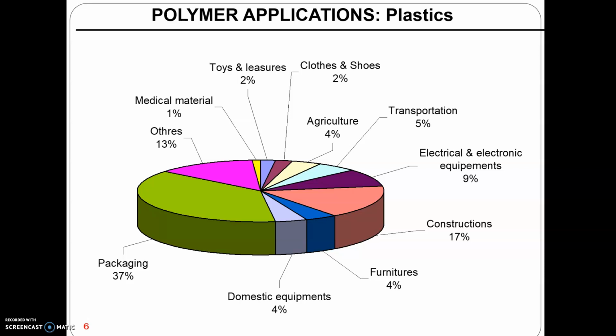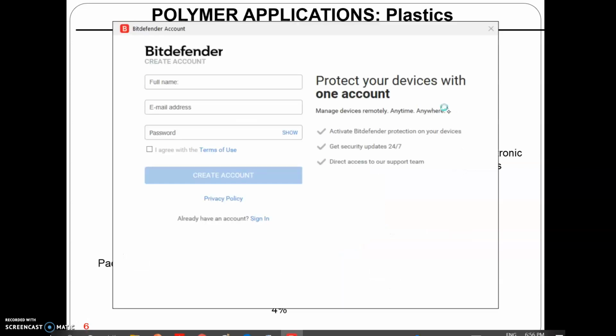It should be very attractive, very appealing, so as to attract customers. So that's why we use polymer to be able to easily shape and dye and make attractive packaging to attract the customers. And the second percentage is in the constructions, housing.